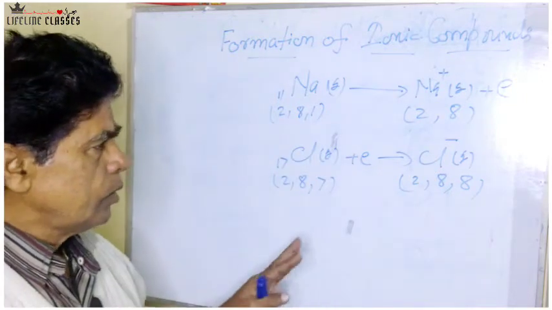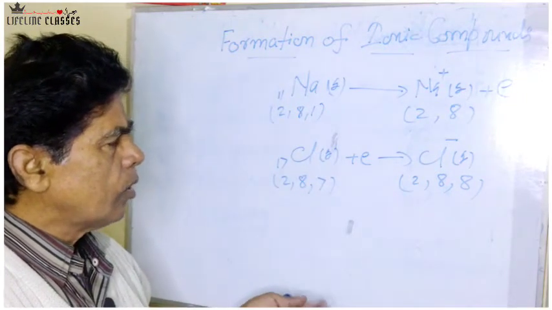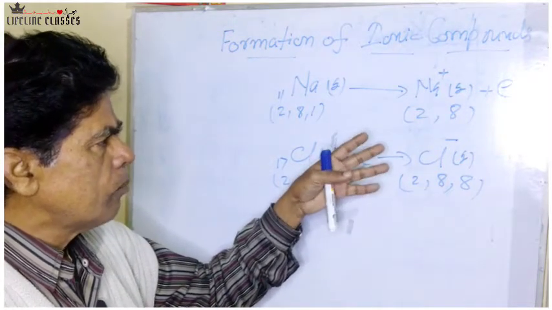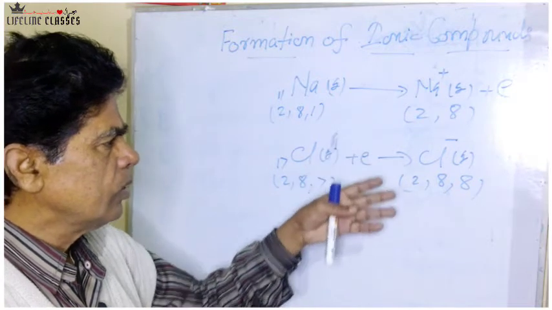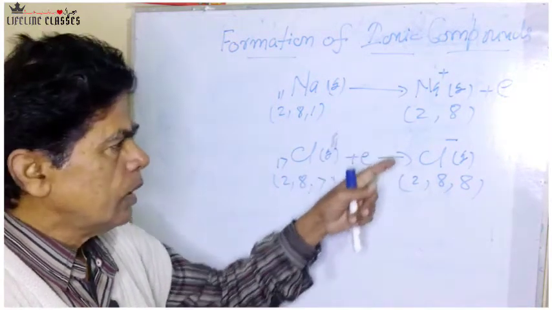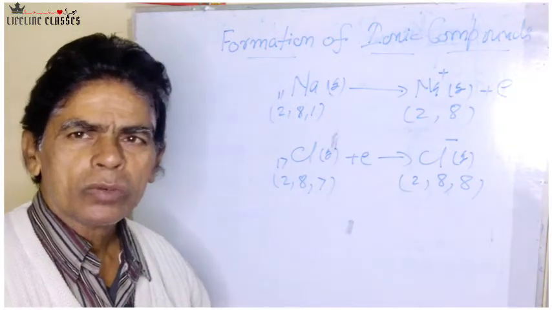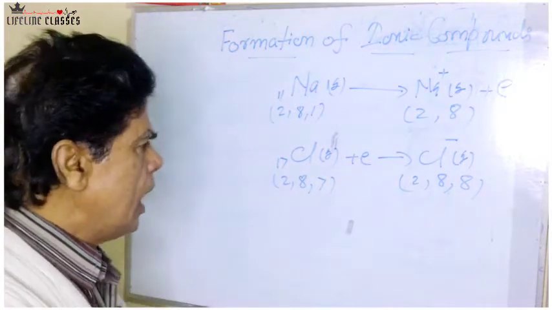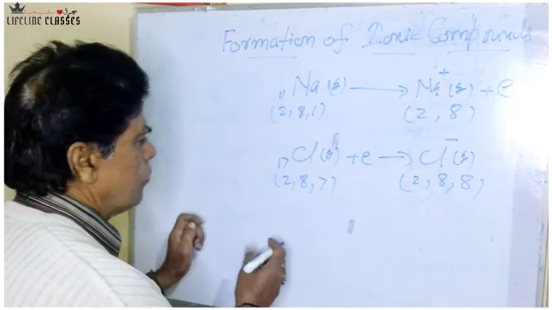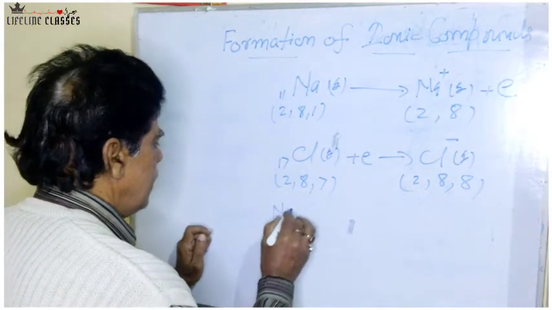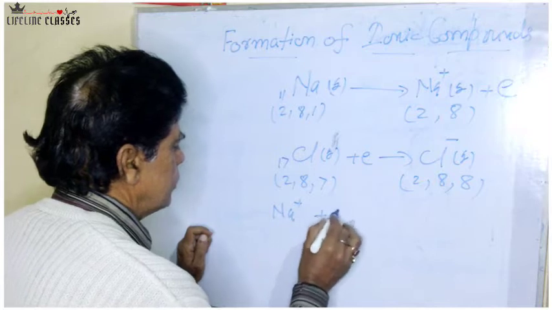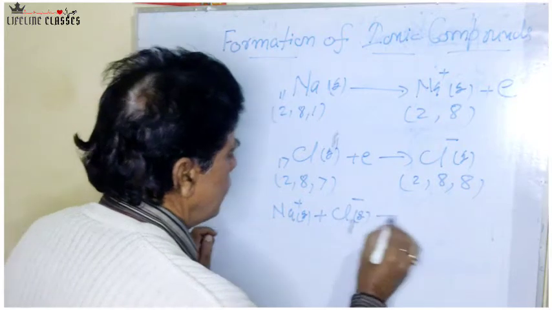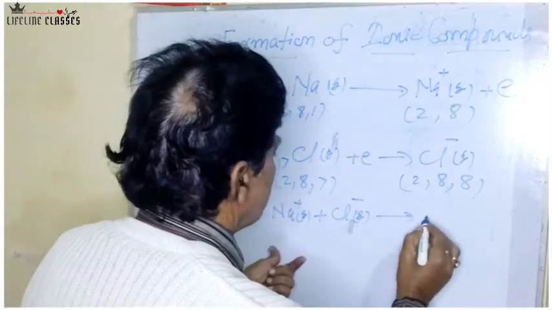So when these electrically charged species, especially oppositely charged ions, come in contact with each other, what will happen? They get associated with each other with a strong electrostatic force of attraction, and they combine to form sodium chloride: Na+ plus Cl-, the gaseous anion and cation, form NaCl.